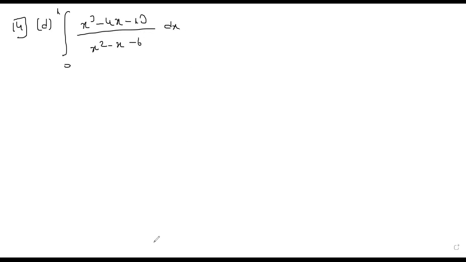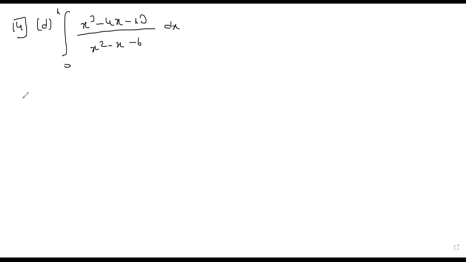All right. Now the part D of this question, we're given the integral from 0 to 1 of x cubed minus 4x minus 10 over x squared minus x minus 6 dx. Let me check again.